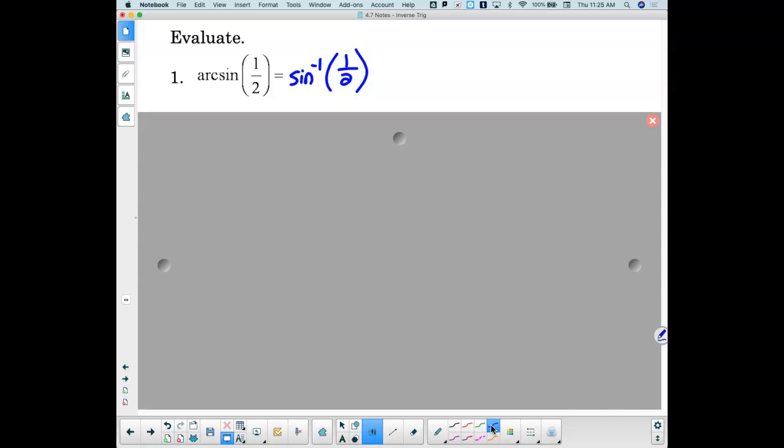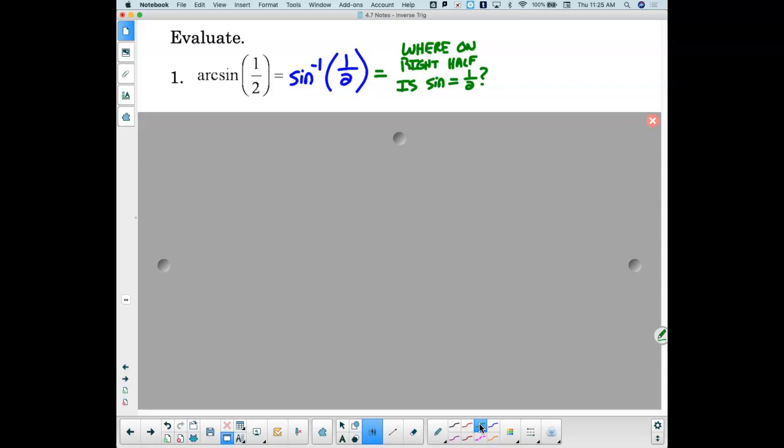In my brain, I'm thinking, where on the right half of the unit circle is sine equal to 1/2?